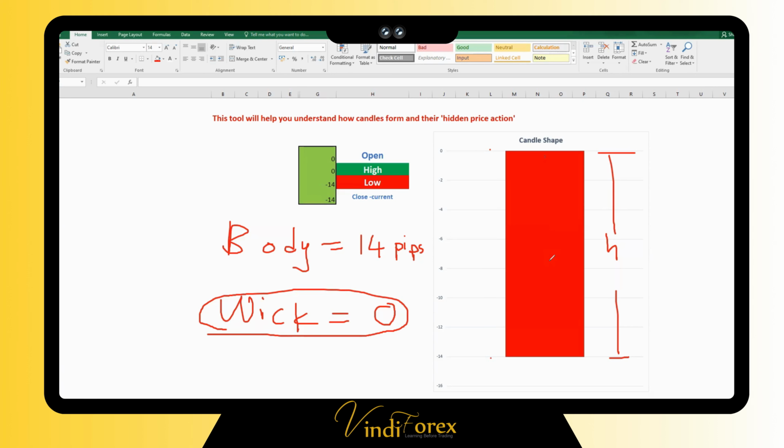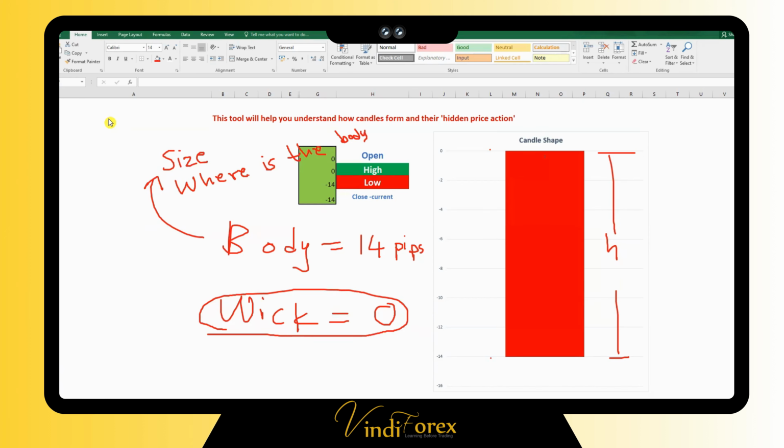The moment there's a wick, that is when we question the size of the body and where the body is. It sounds like when you have killed someone, they're like, where is the body? Show us the body. Right?